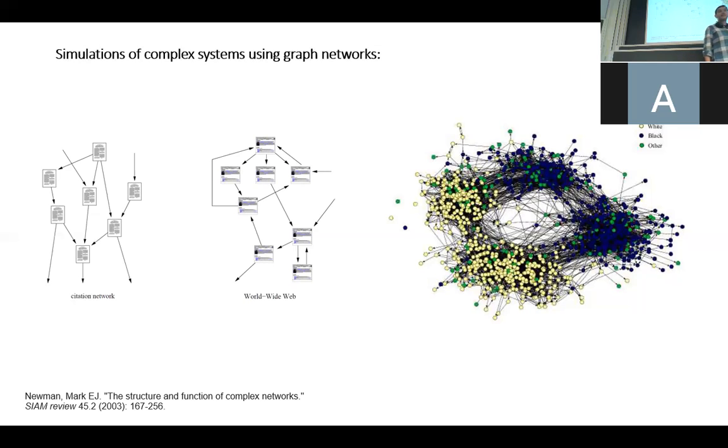Children were asked who their friends in the school were, for example Mike, Rob, John, and they created a network. You see a large clustering between different groups of black and white students, and others.